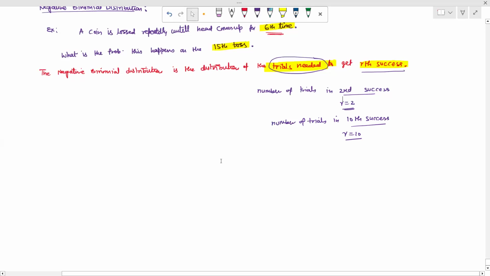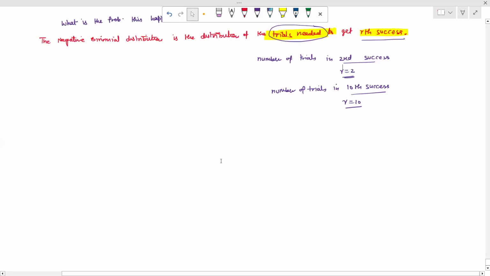We write down the definition of the binomial distribution also here, so we can compare both distributions. What is the basic difference between them?